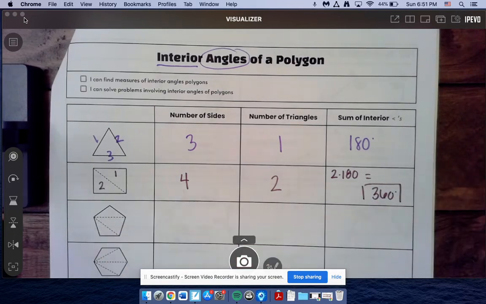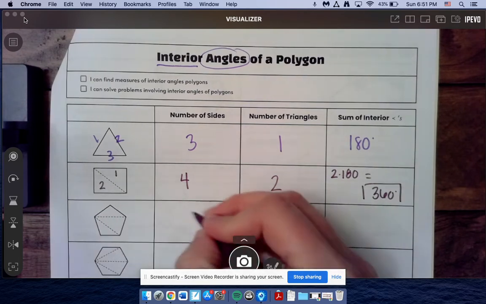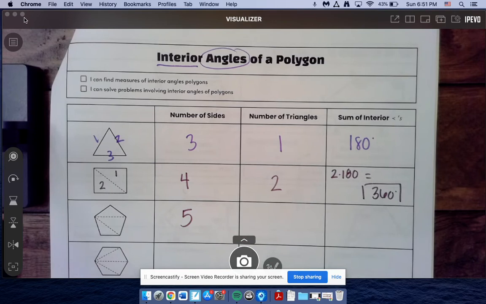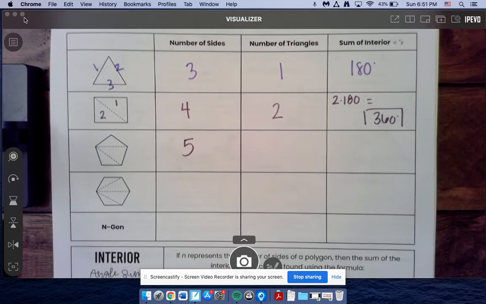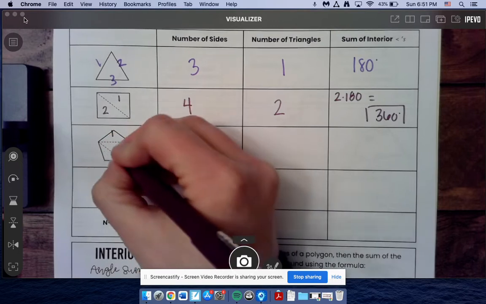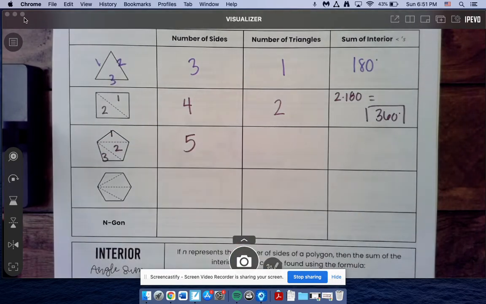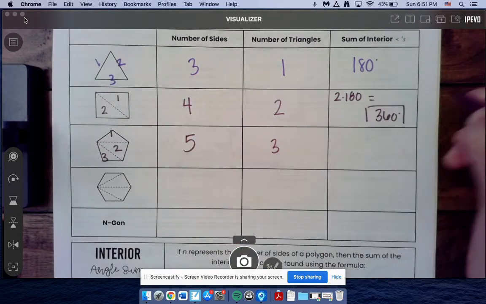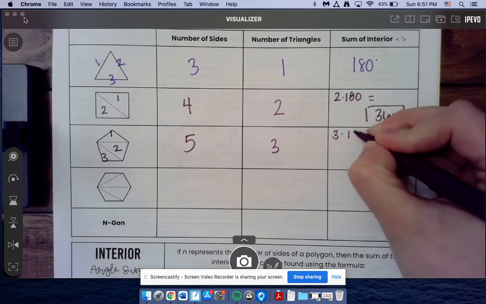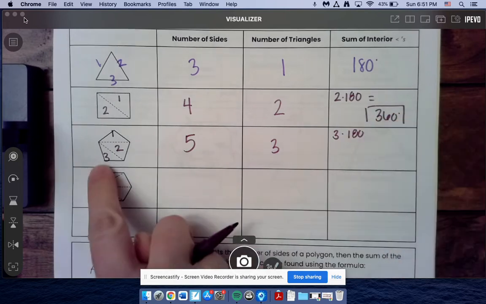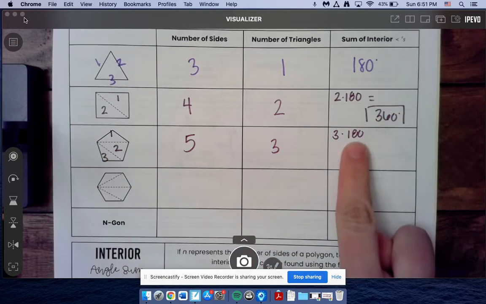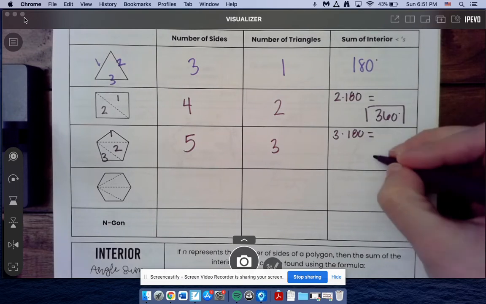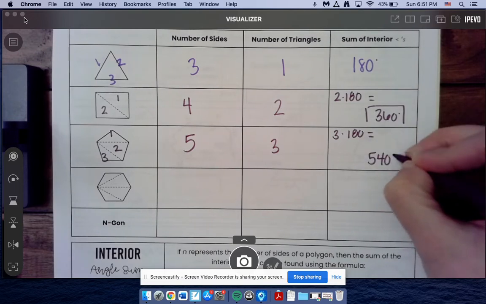All right, so our next polygon is a pentagon, and that has 5 sides. If we look here, after we draw on those diagonals, we notice that we have 1, 2, 3 different triangles formed. Same process, we take 3 times 180 degrees, because one of those triangles has 180 degrees and there's 3 of them, for a total of 540 degrees.